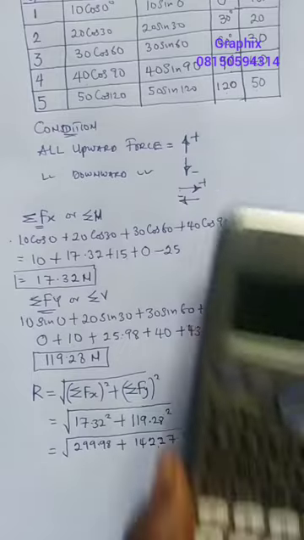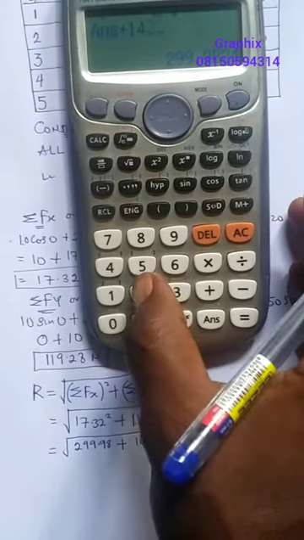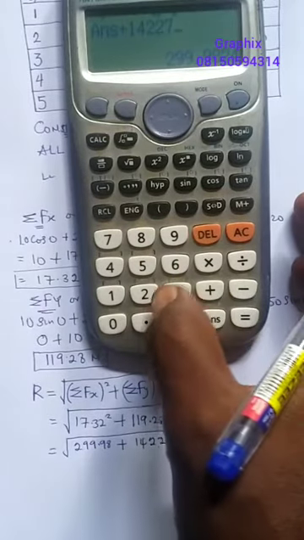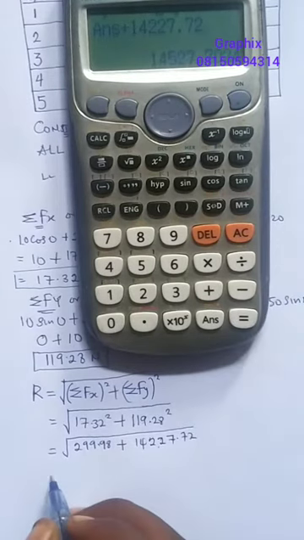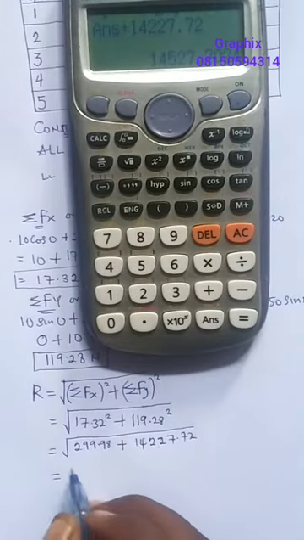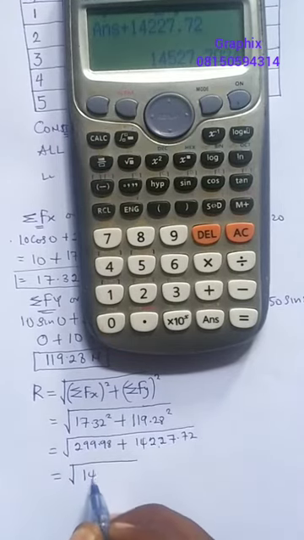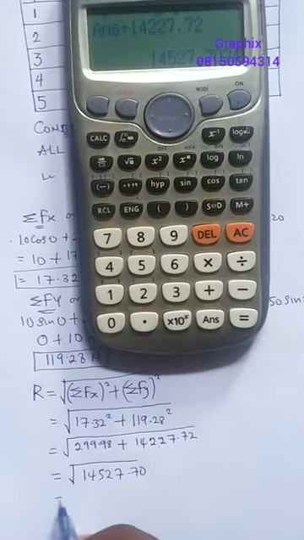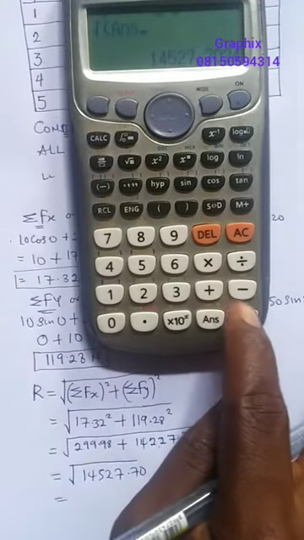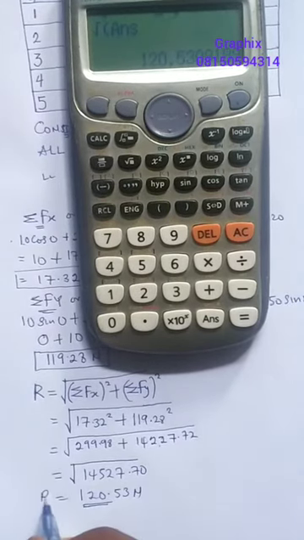When you add the two, 14,227.72 plus 299.98, we have the square root of 14,527.70. If you look for the square root of what we have, we get 120.53 Newton. That is my resultant force.